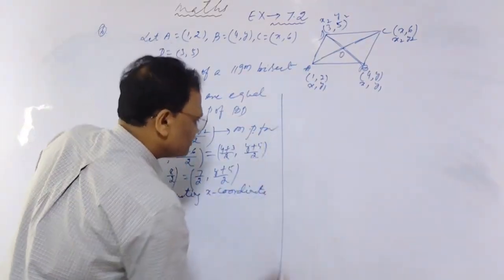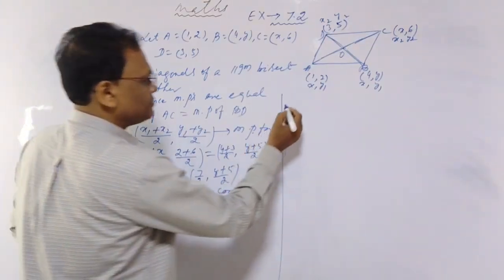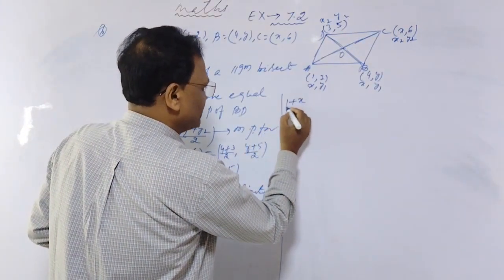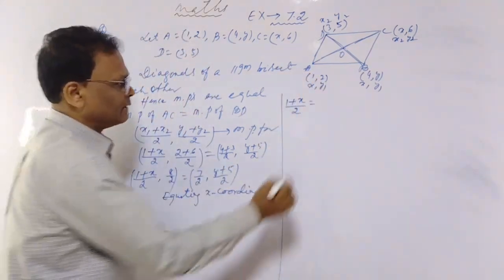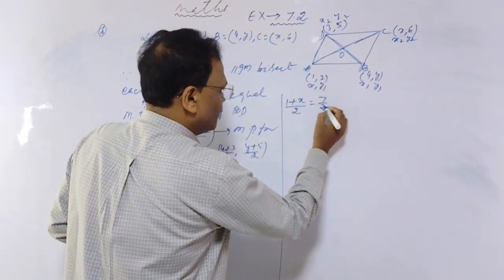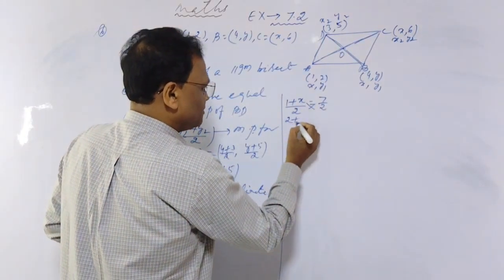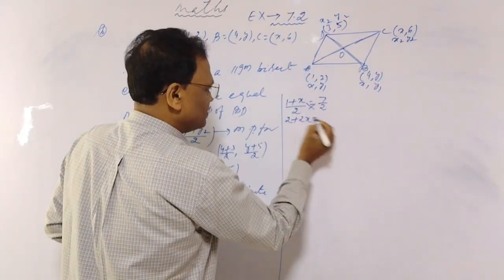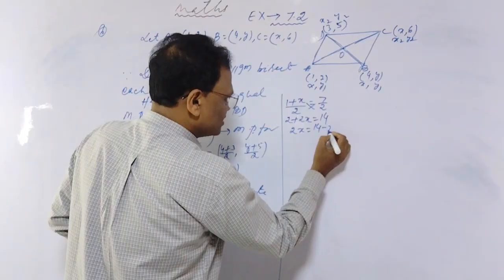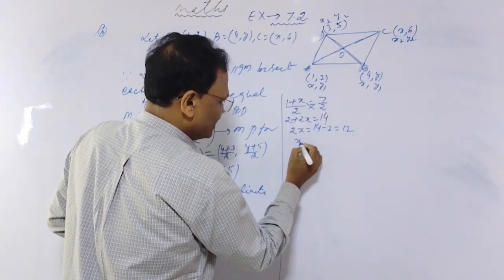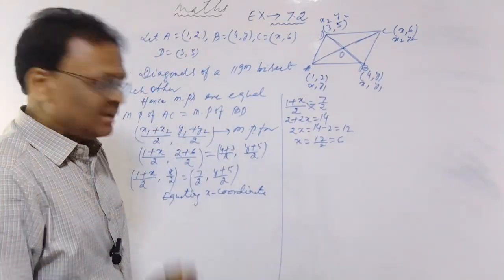So let's take the first x coordinate. (1 plus x) by 2 is equal to 7 by 2. Do the cross multiplication. 2 times 1 is 2, plus 2x is equal to 14. Or 2x is equal to 14 minus 2, which is 12. Or x is equal to 12 by 2. So my x value I got is 6.